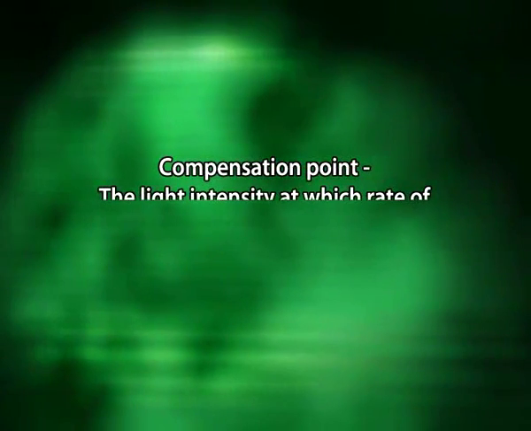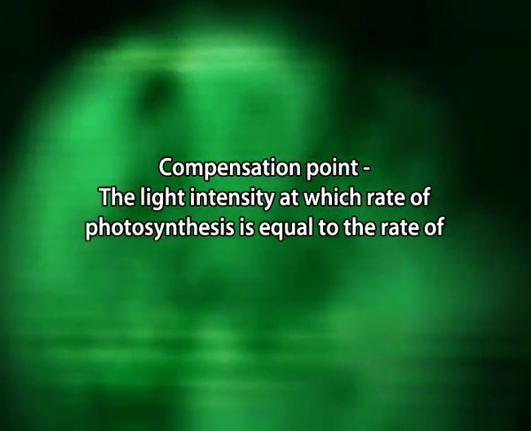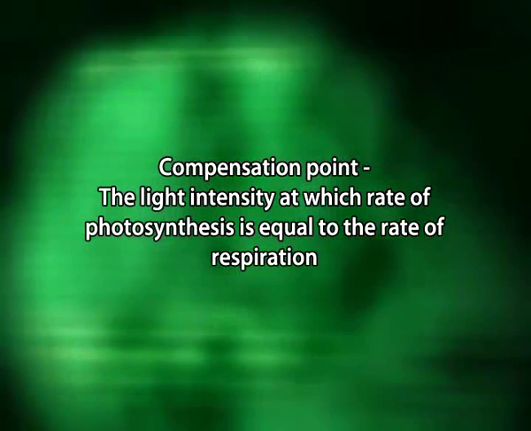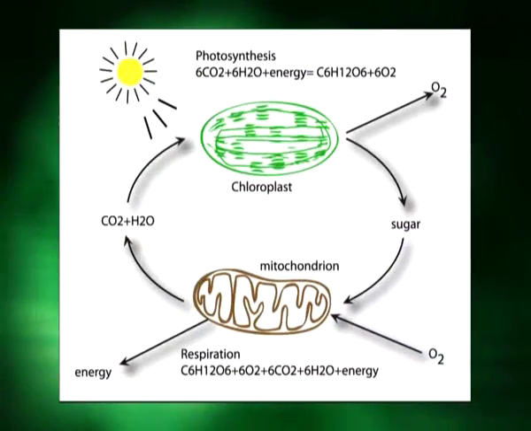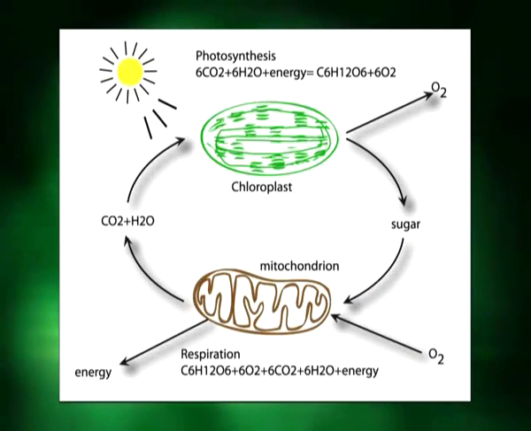One more physiological adaptation shown by plants to light is the compensation point. Compensation point is the light intensity at which the rate of photosynthesis is equal to the rate of respiration. Higher the rate of respiration, higher is the compensation point. Since sciophytes have a low or reduced rate of respiration, they thus have a low light compensation point.